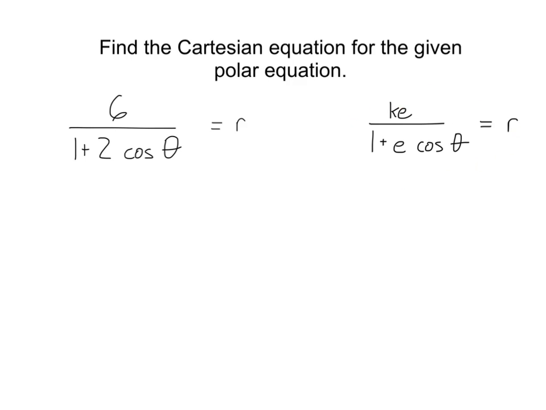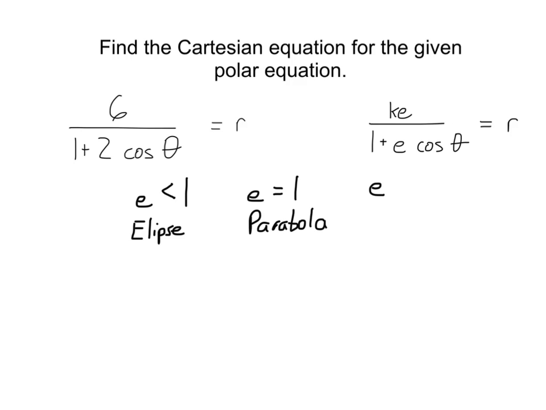And the other thing on your blue sheet is, if e is less than 1, then it's an ellipse. If e is equal to 1, then it's a parabola.